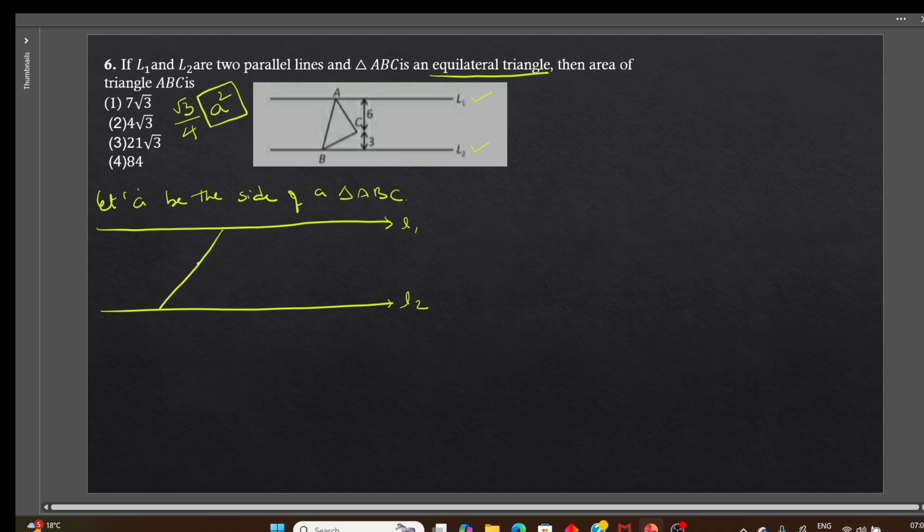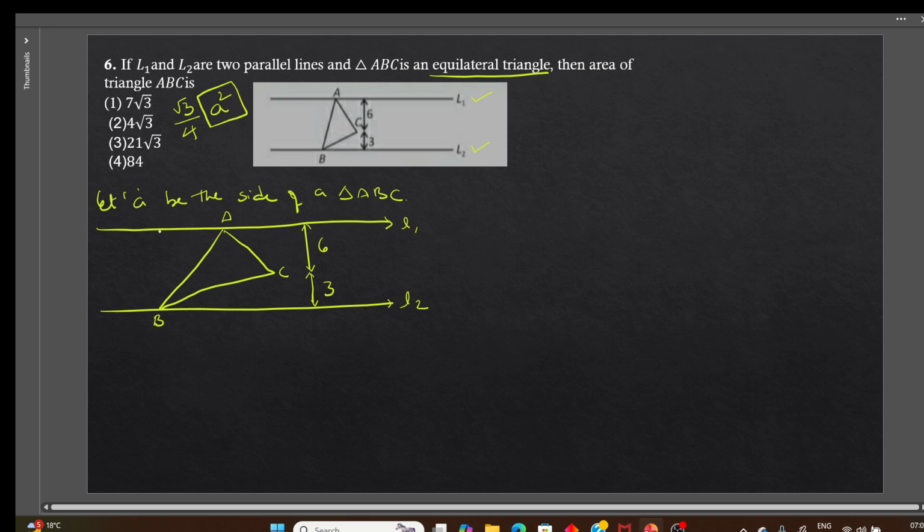So here triangle ABC. In the question given, the length from L1 to C is equal to 6. The length between point C and L2 is equal to 3. So the total distance between L1 and L2 is 6 plus 3, which is 9.